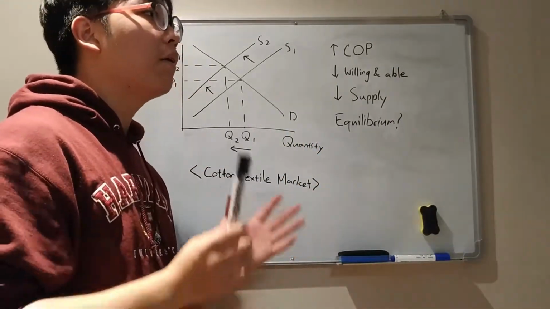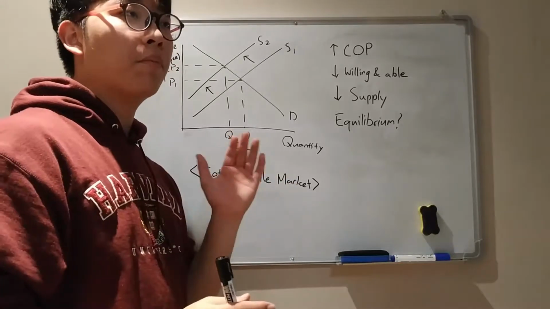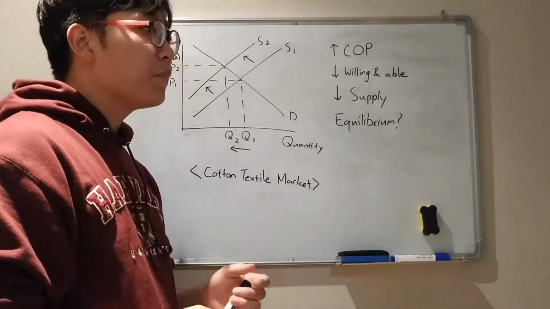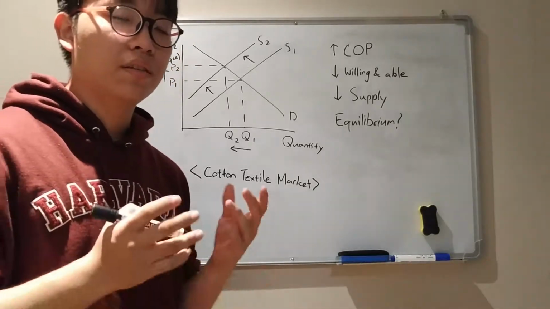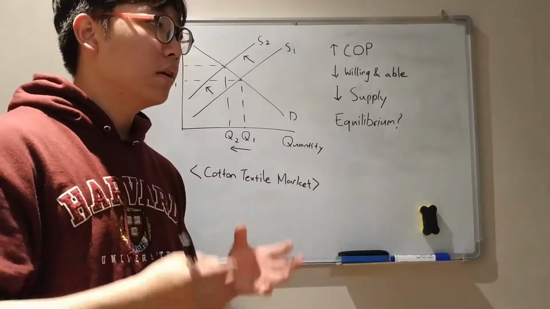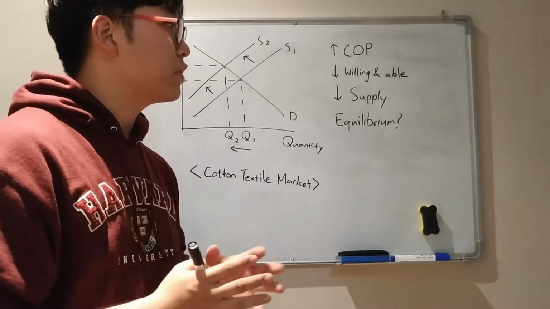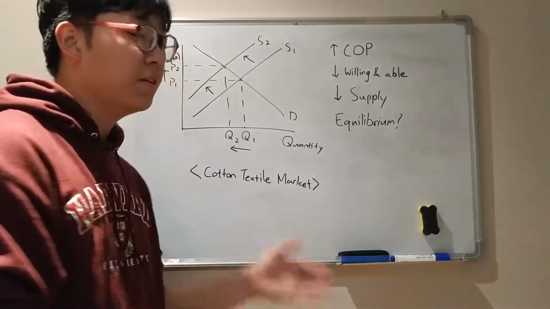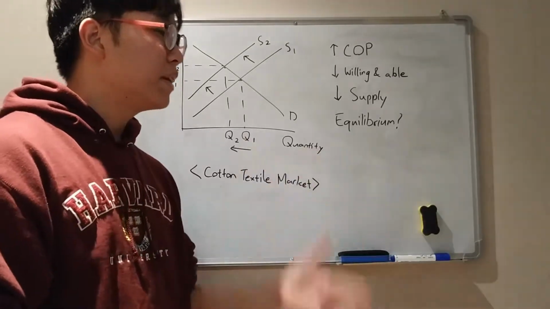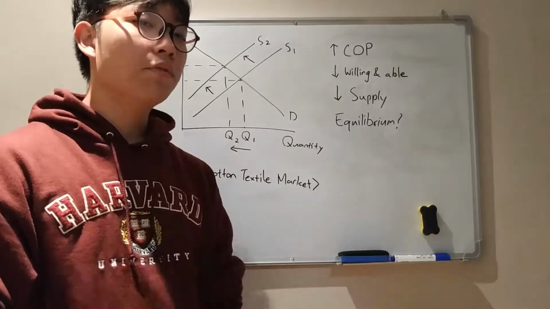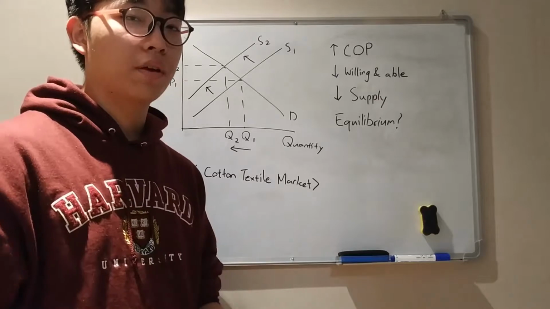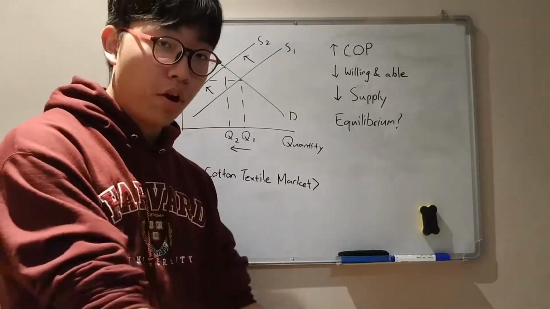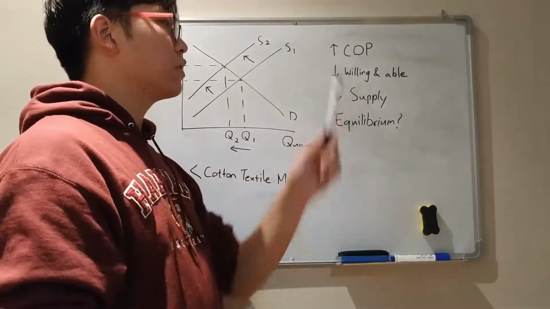So remember from part B that the tariff actually increased the domestic prices of cotton. And that is going to be an increase in cost of production for the cotton textile market, because for the producers of cotton textiles, cotton is a major resource for them to create their final product. So that's an increase in cost of production.